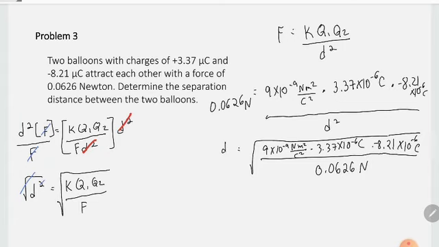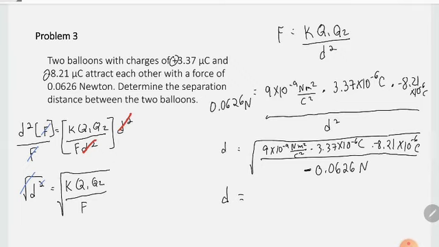Kasi magne-negative, but you can't get a square root for a negative number, diba? Because of this negative 8.21. Dapat I had the intuition to put a negative sign here. Based kanina, kapag negative yung value ng F ko, that only means that the force is attractive, which is the case here. Positive and negative. So, initiative ko na maglagay ng negative doon sa baba. Para negative over negative, that will become positive.